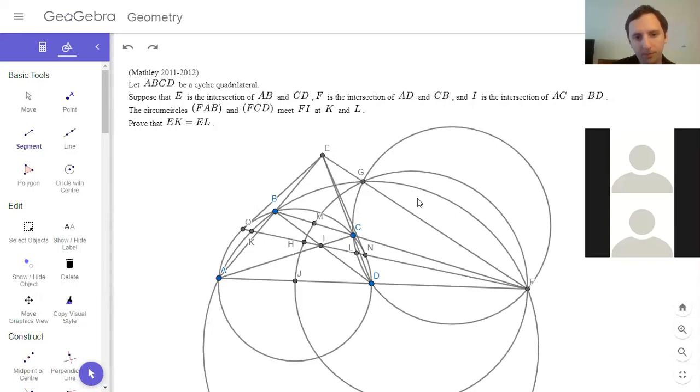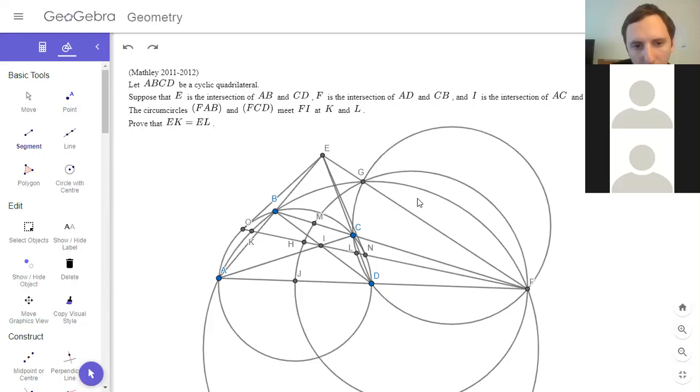So can we show EK is tangent to the circle?